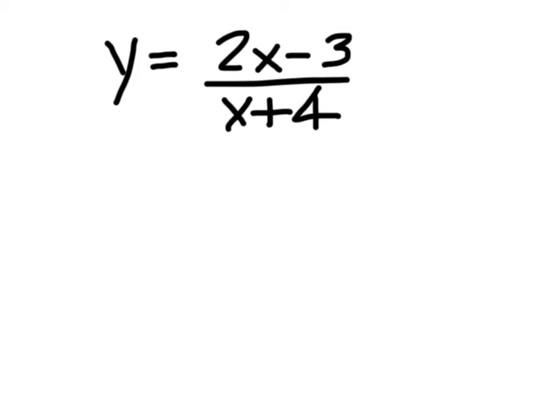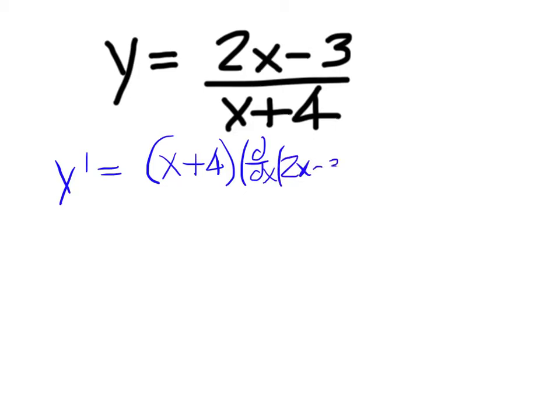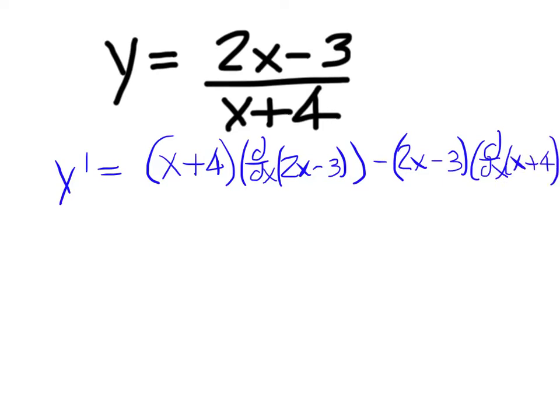This is an example of the quotient rule, and it starts off with the bottom times the derivative of the top, and then subtract the top times the derivative of the bottom. Running out of space. I think I can get it in there.